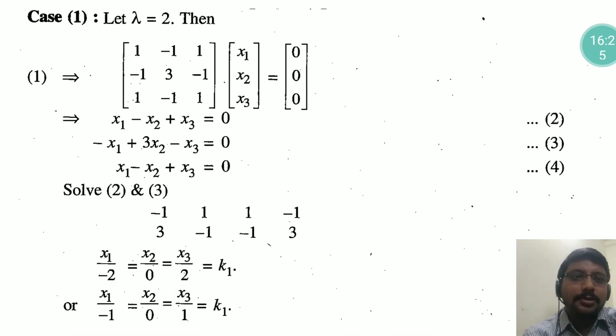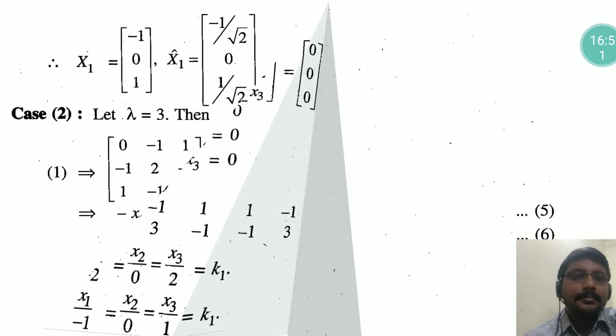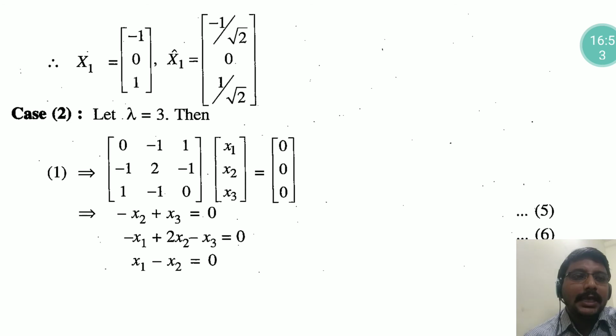Now for lambda equal to 2, substituting the lambda value 2 in the first equation, we will get 3 more equations. Solving any two of the equations, we will have the fractions x1 by minus 2, x2 by 0, x3 by 2, which are equated to a constant k1. K1 is an arbitrary constant. In general, we can take k1 as 1.